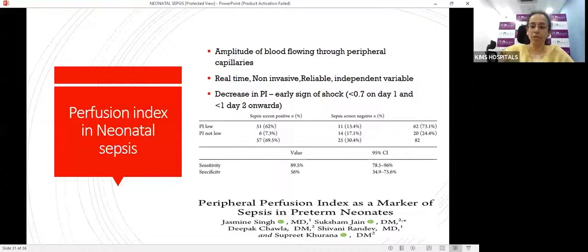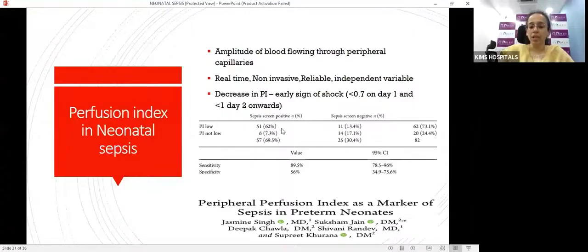index in neonatal sepsis. So if we see the sepsis screen positive versus the perfusion index, when the perfusion index is low and the sepsis screen also is positive, so that is the true positive, it is around 62%. Then the positive predictive value is around 73.1% for perfusion index, and the negative predictive value is 24.4%, which is very low.